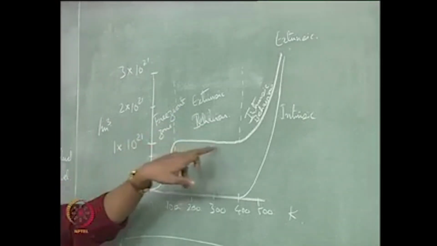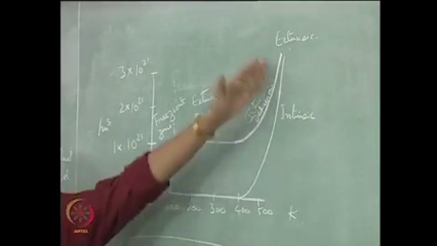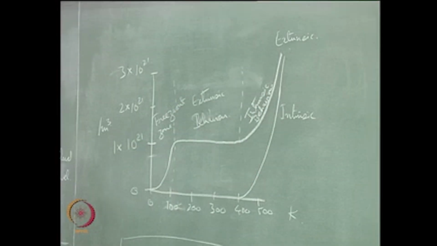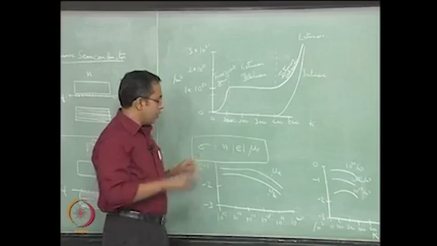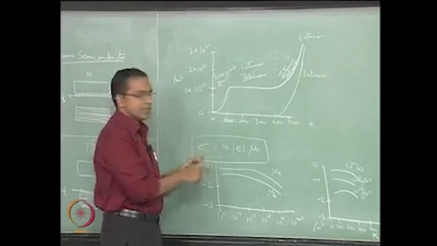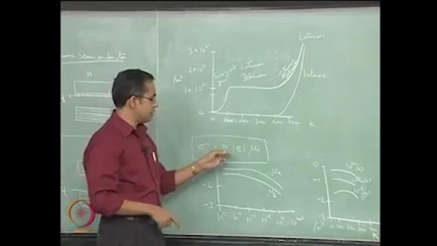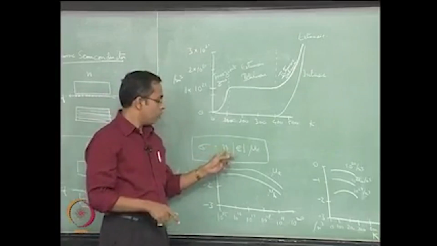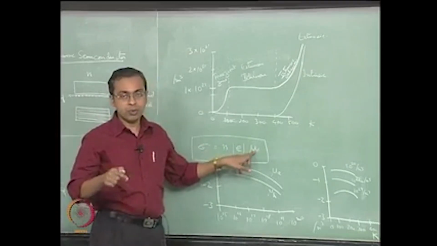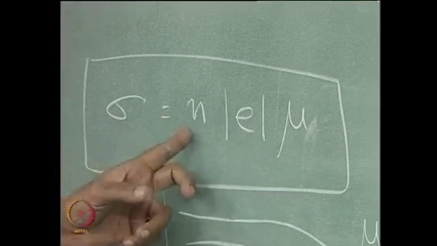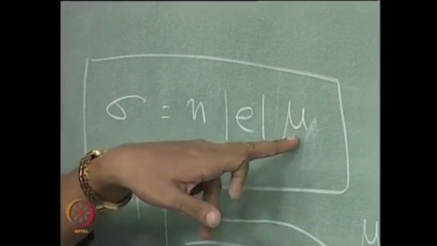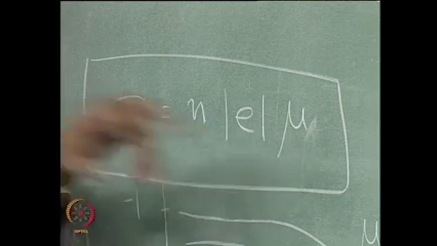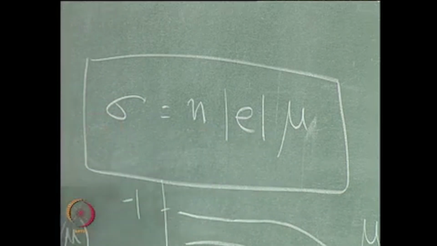It goes up abruptly in the case of an extrinsic semiconductor, it goes up gradually if it is an intrinsic semiconductor, but it goes up. So this n is always going up with temperature. What we generally see is that for semiconducting systems the rate at which n goes up more than compensates for the rate at which mu comes down. As a result we see an increase in conductivity.